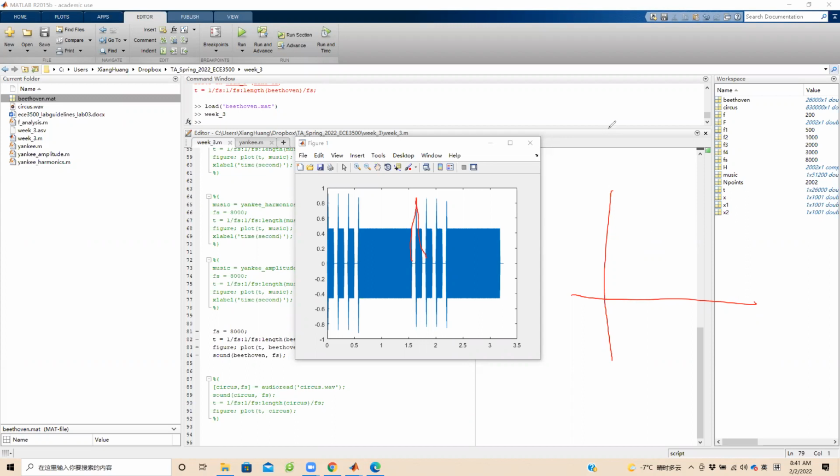For example, you will see some complex loads. Their energy distribution will be like this.